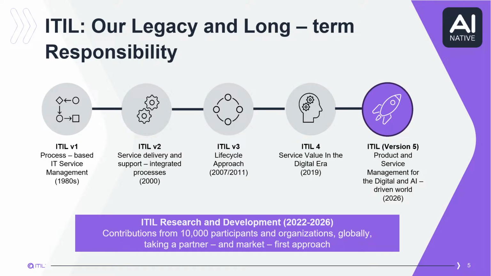ITIL version 1 started in England and was government related, based on IT service management, with disaster recovery, the service desk and other processes that are very important for IT. It soon became very famous, and lots of IT people tried to catch everything about these processes because they realized it's very useful for companies. ITIL version 2 was very important for companies such as banks and insurance companies, and they realized they could optimize cost and risk, so providing that kind of service is important for everyone inside service management.